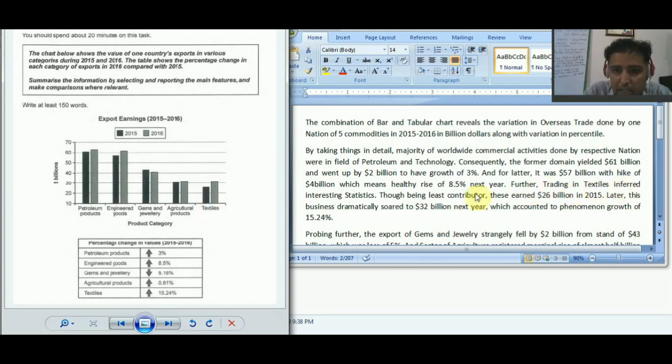Further, the trading in textile inferred interesting stats. Why interesting? Because, as you can see here, it is the least, it is doing the smallest business. Besides having the smallest business, this commodity has managed growth of 15%. So that's why I have done contrast and written this line.